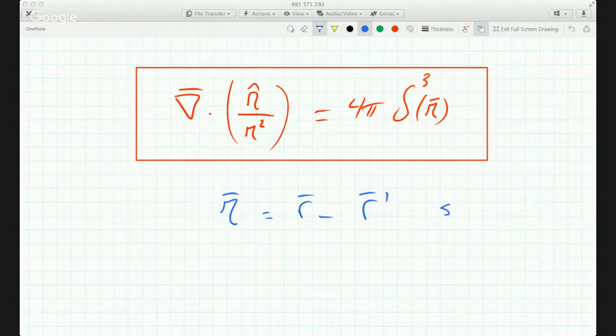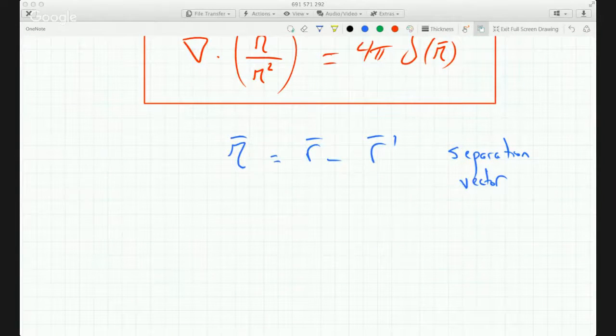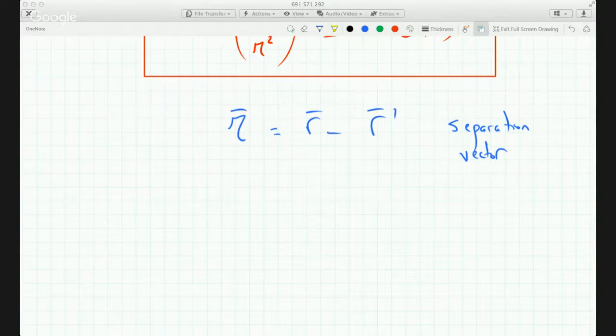This is the separation vector that we will use. So the derivative here is with respect to r. R prime is held constant.